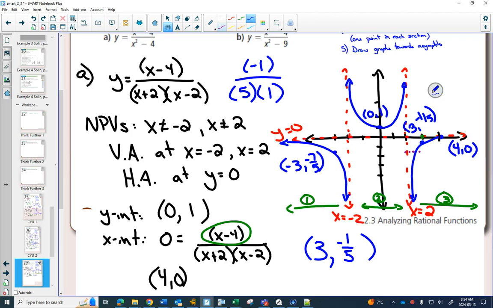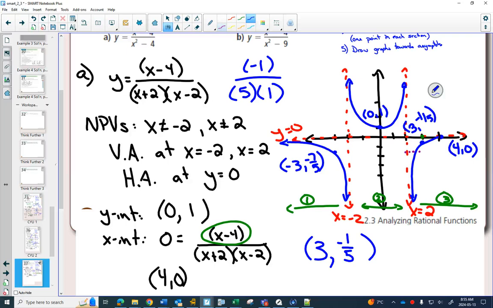Now remember that horizontal asymptotes tell you what's happening at extremes, extremely large values of x and extremely large negative values of x. It is possible, and we see right here, that we have an x-intercept, which is right on the asymptote. It's only vertical asymptotes, because they represent non-permissible values, that your graph can't go through.